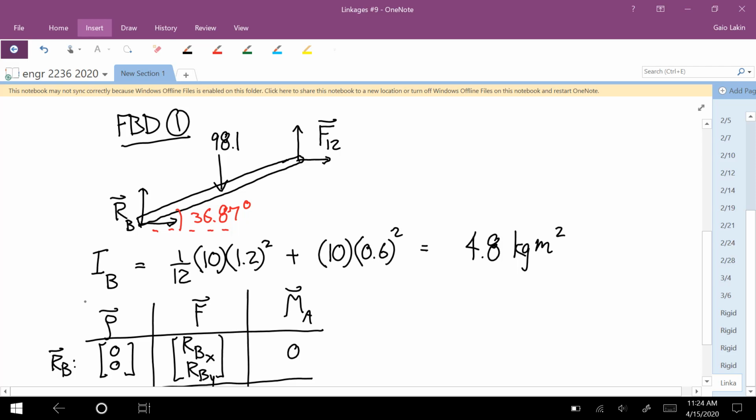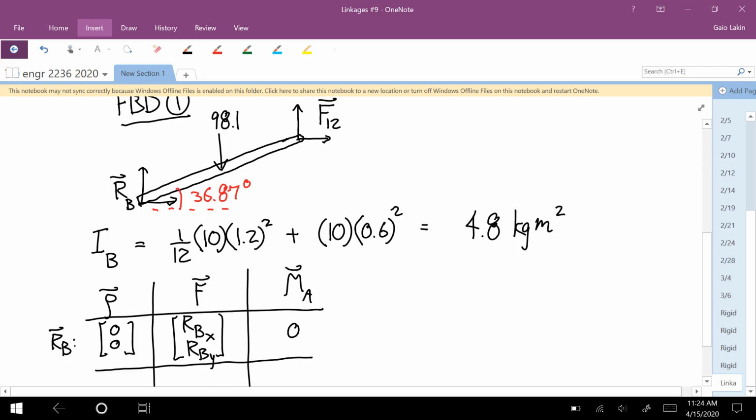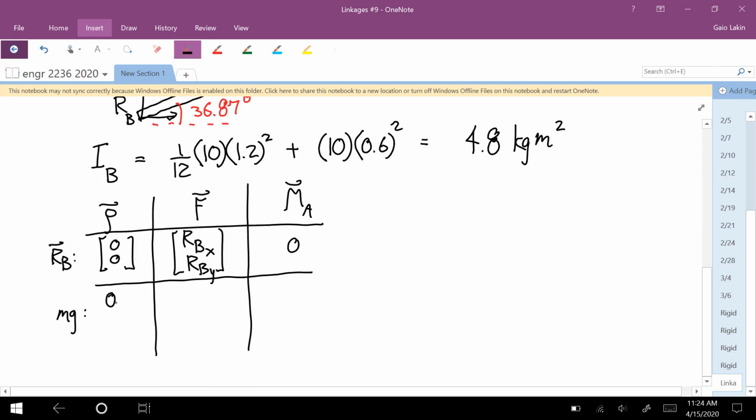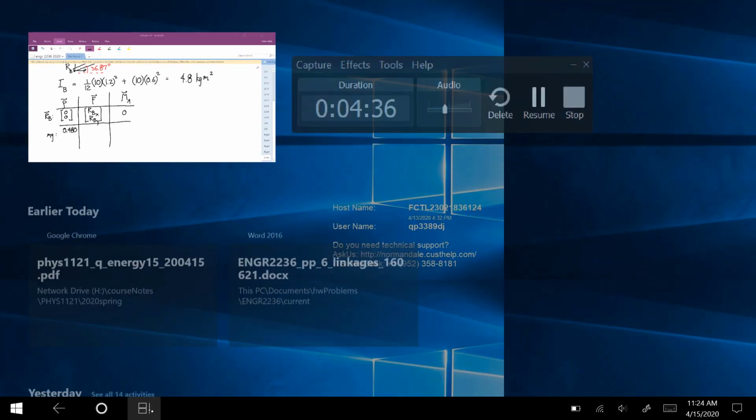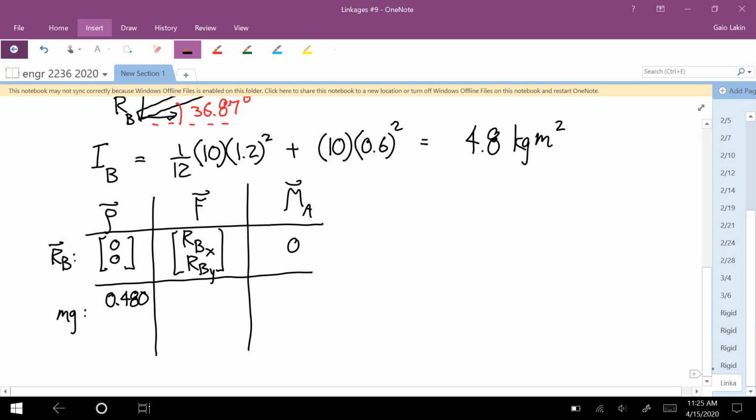So that's 0.480 and 0.360. And the force vector is 0, negative 98.1.